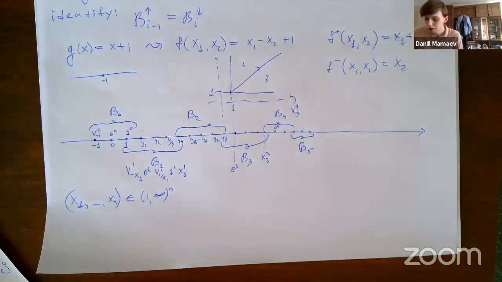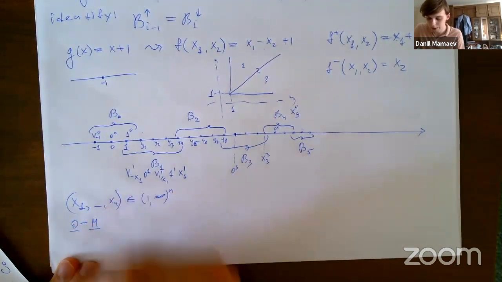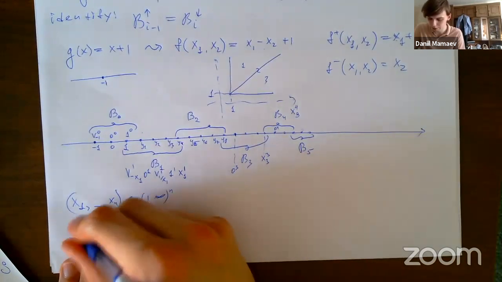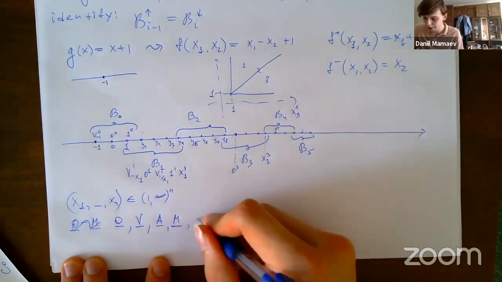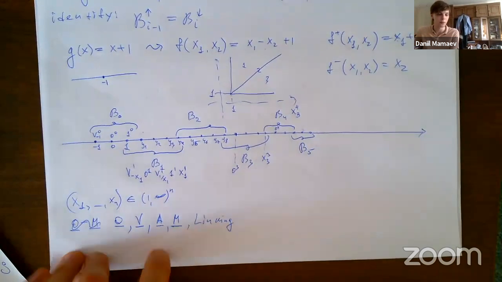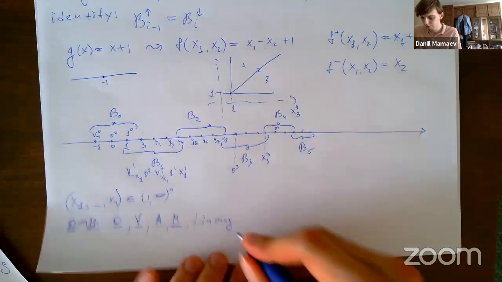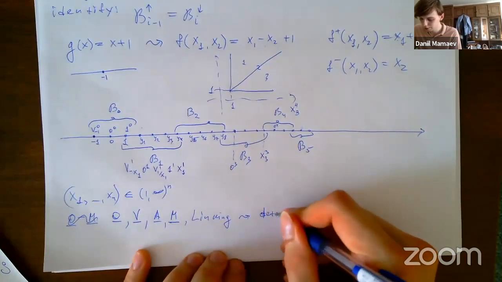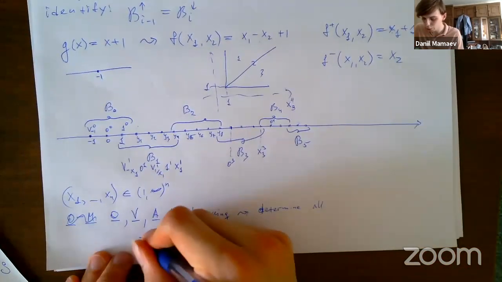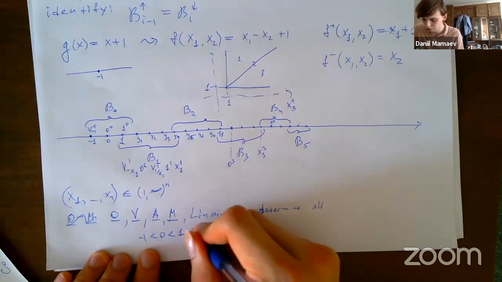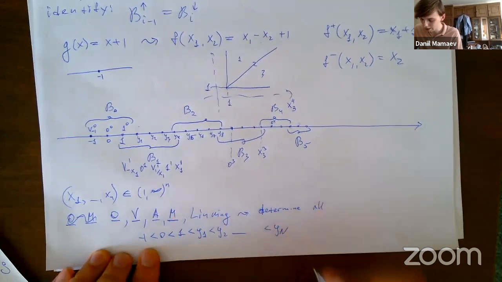From this input, using the relations, well, using the clusters from 0 to m, meaning 0 variables, additions, and multiplications, and also using linking, we actually determine all the variables, well, we have -1 less than 1, y1, and so on, yn.